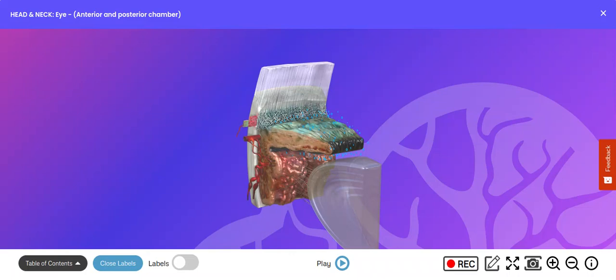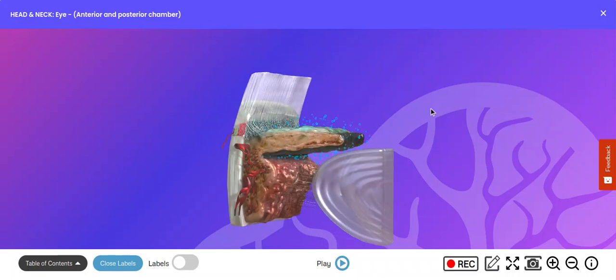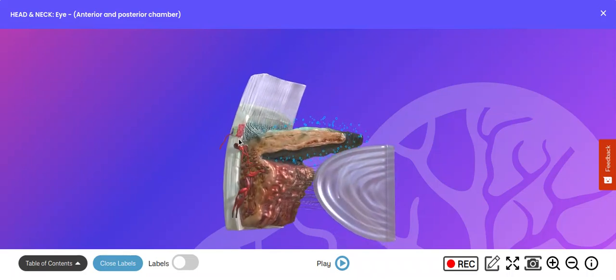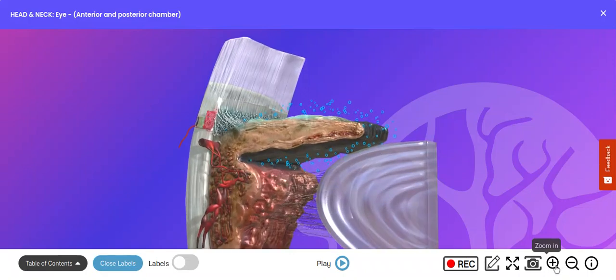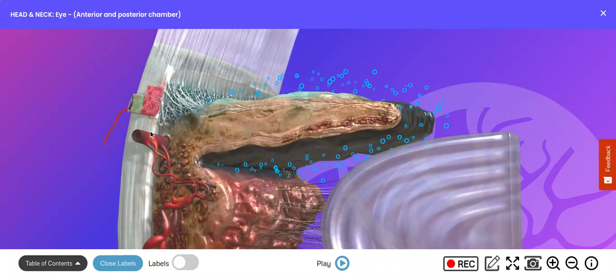This structure is important when you are looking at the iridocorneal angle through a gonioscope. And this right here, the canal of Schlemm, is just above the scleral spur. If you see this projection of sclera right here, this is known as the scleral spur. This is also useful to identify the canal of Schlemm when gonioscopy is done.